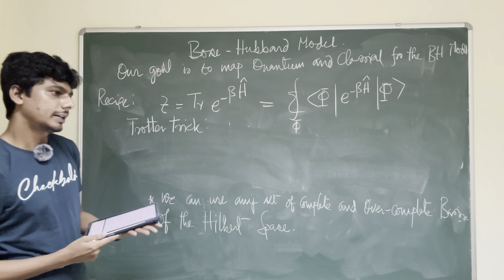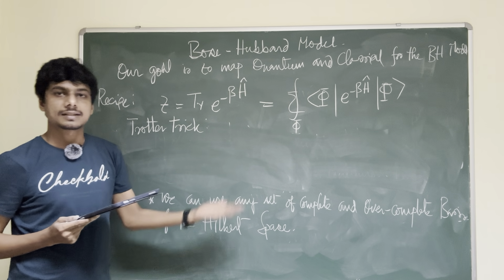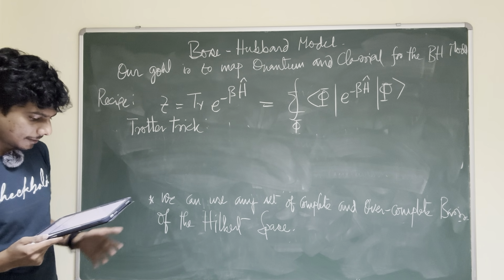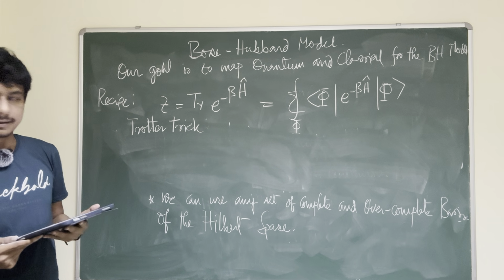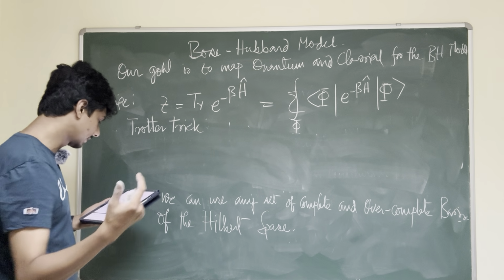So the Trotter trick says that in the whole range of the path integral you time-slice it and insert a full basis set, a complete set of the basis.